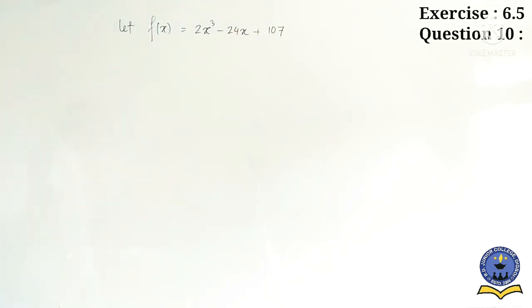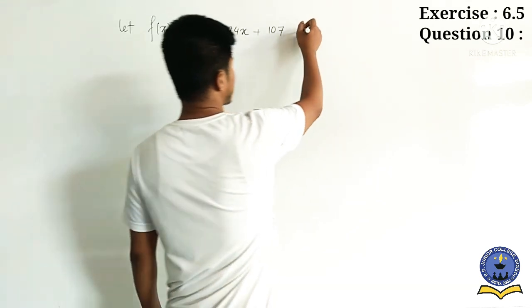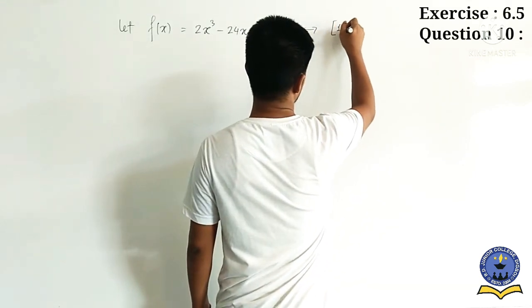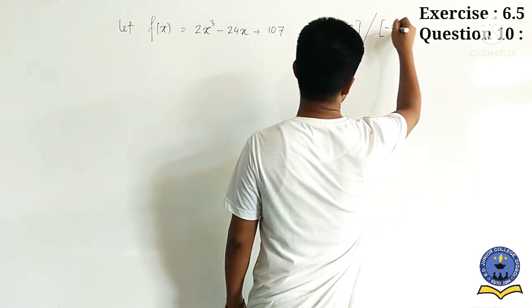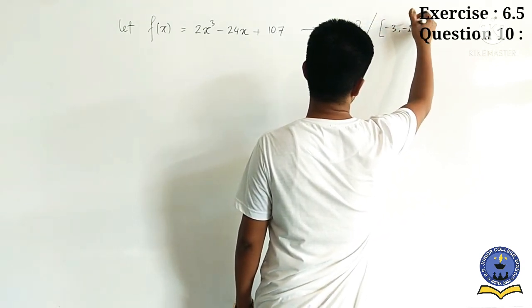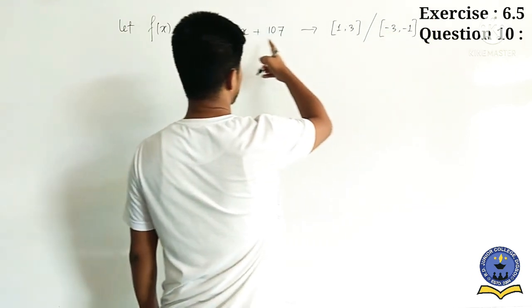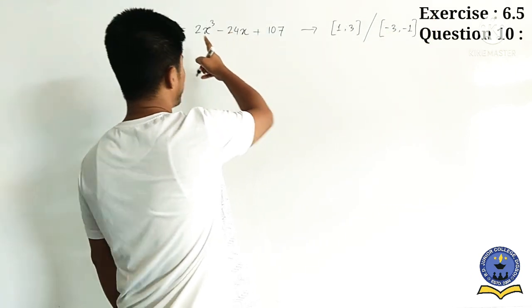I repeat this one more time: 2x cube minus 24x plus 107 in the interval, and the intervals given are [1, 3] and [-3, -1]. We have to find the maximum value for this function.